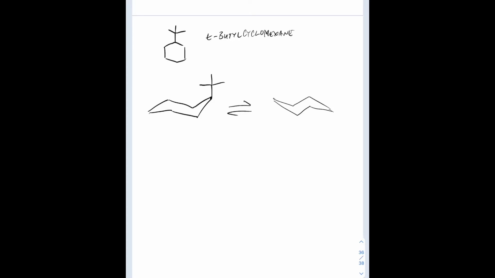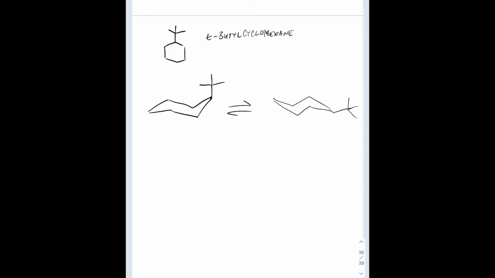Let's just do axial because it looks so pretty, just sitting on the top. And then after the chair flip, remember, this tert-butyl group is pointed upward, so it's going to be upward on the structure on the right, but it's going to be in the equatorial position now.